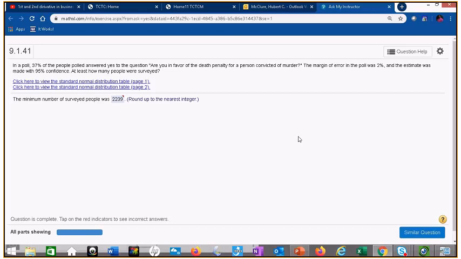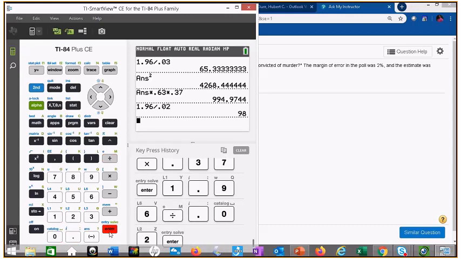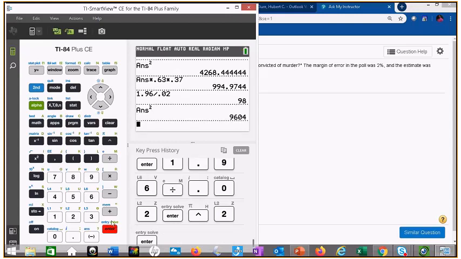Make sure that's 1.96. So let's go back to the calculator. 1.96 divided by 0.02, and raise that to the second power. And multiply that by 0.37 and 0.63.